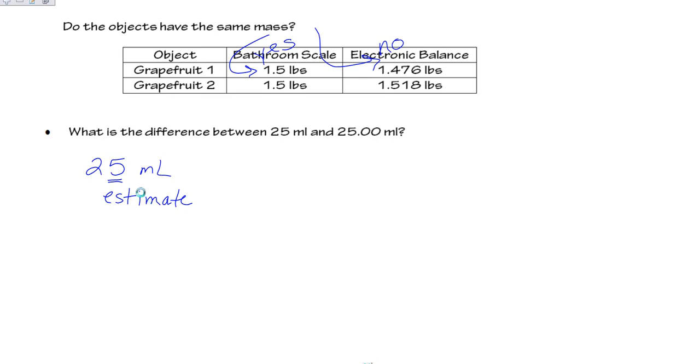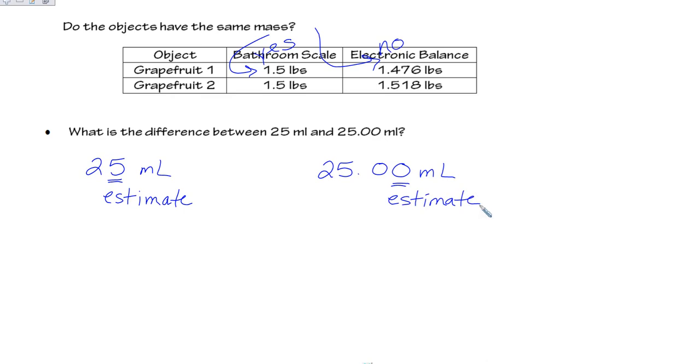It must really only be marked every 10 milliliters. So their best estimate was to say 25. I don't know, maybe 25. If somebody tells me that the measurement is 25.00, oh, I like this. That last zero in the tenths, hundredths of a milliliter spot, that's the estimate.